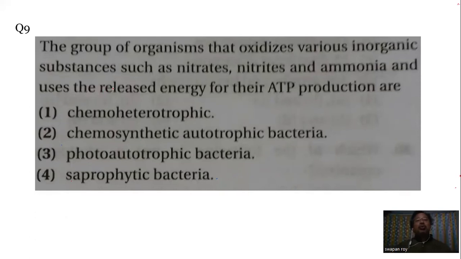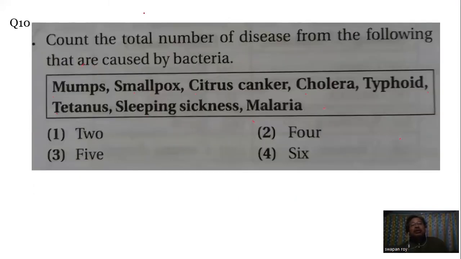Next question, the group of organisms that oxidize various inorganic substances such as nitrates, nitrites, and ammonia and use the released energy for ATP production are called chemosynthetic autotrophic bacteria. This is question number 10. Count the total number of diseases from the following that are caused by bacteria. This is a list of diseases caused by bacteria, viruses and other organisms.